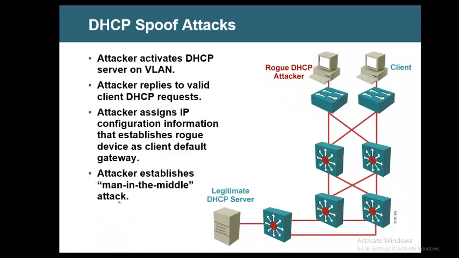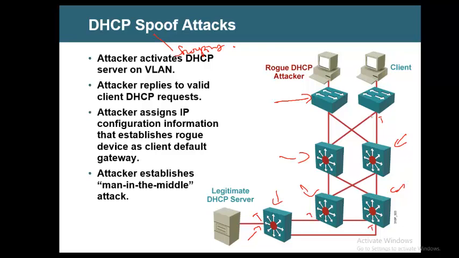How to prevent this? Very simple. Go and enable DHCP snooping on all the devices. Snooping is the opposite of spoofing. We enable DHCP snooping on all the devices and we will put trust only on these ports.